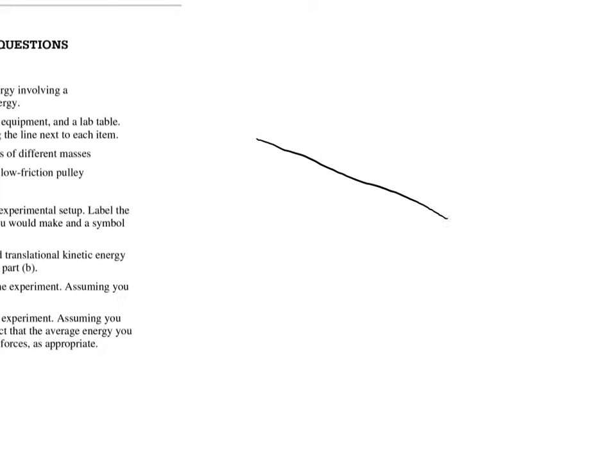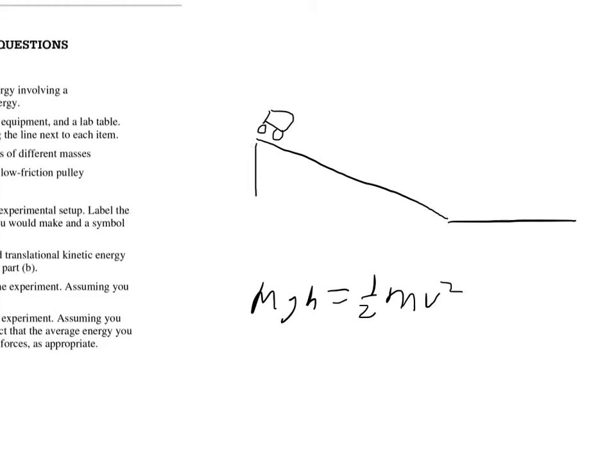an incline with a cart on the top in the beginning, and because we want to prove that potential energy mgh equals half mv squared, we would need the vertical height of this incline, h, and this will be measured by the meter stick.